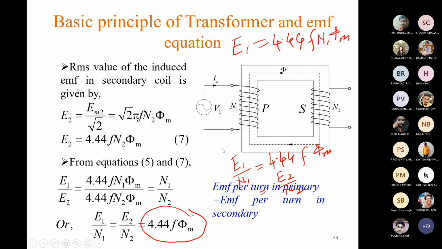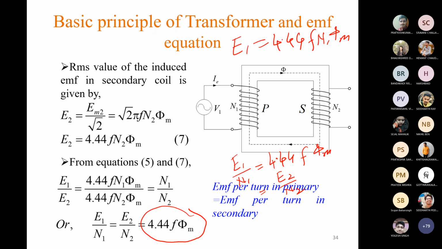No question. Okay. So here the basic principle is that while we are giving some voltage across any winding, it will produce some flux, and if that flux links with some other coil, there will be some induced EMF across the second coil, if the flux produced by the primary is alternating or time varying in nature.